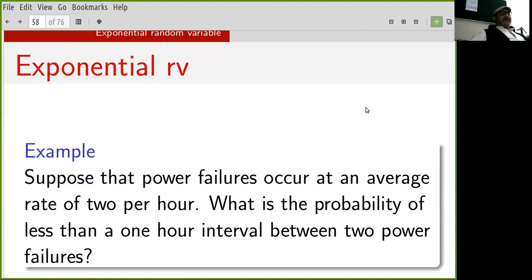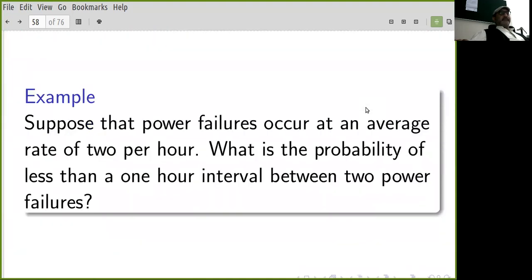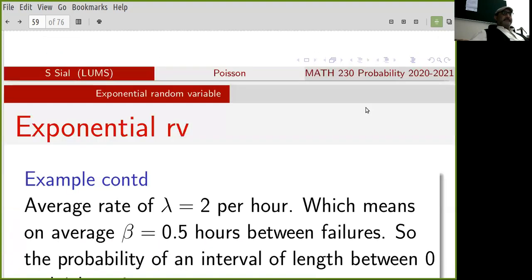Okay, so let's do an example. Power failures occur at an average rate of 2 per hour. What's the probability of less than an hour interval between 2 power failures? So what's the probability that a power failure occurs between now, time equal to 0, to time equal to 1 hour?